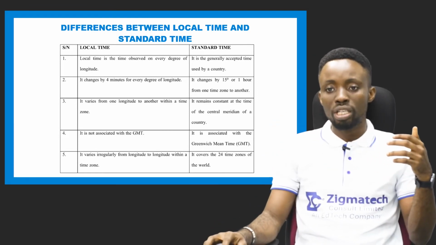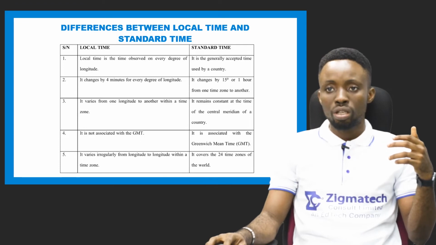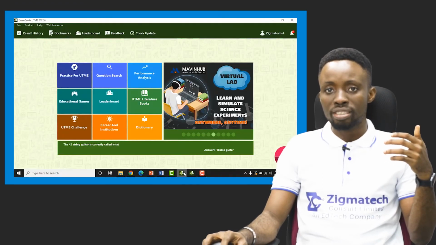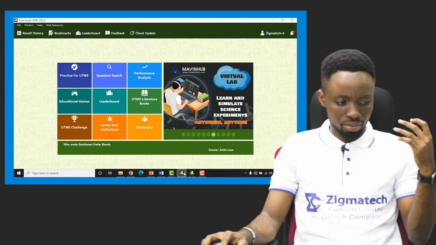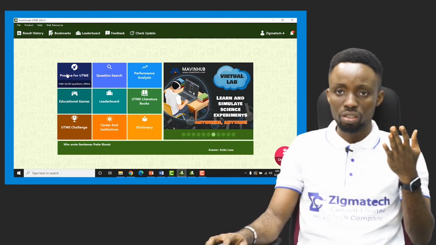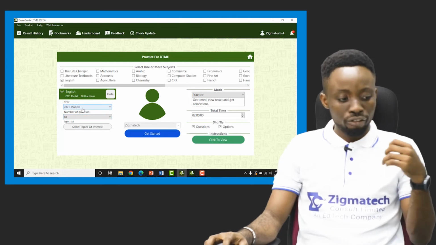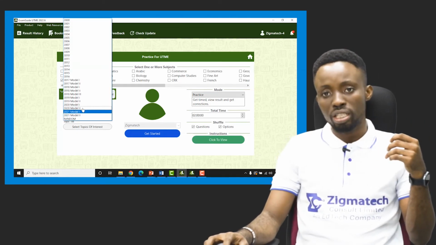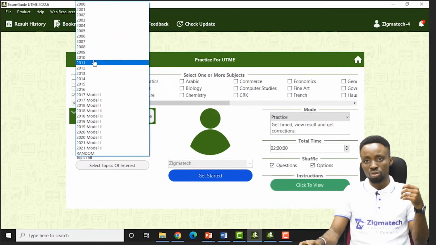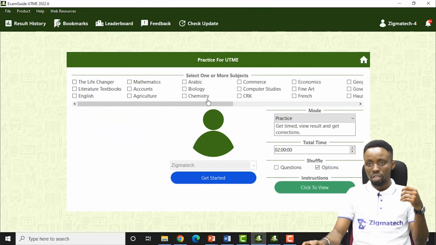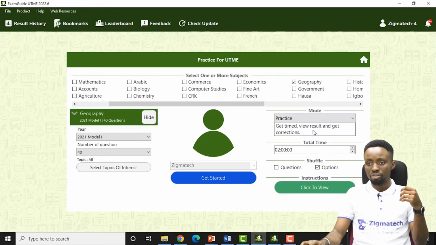So let's look at some questions on the exam guide, and we are going to take a UTME question to be precise. That is a JAMB question from 2011. Let's go to geography 2011.